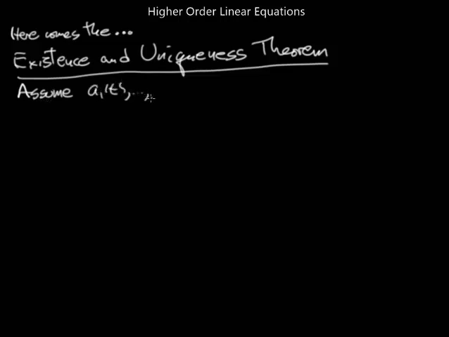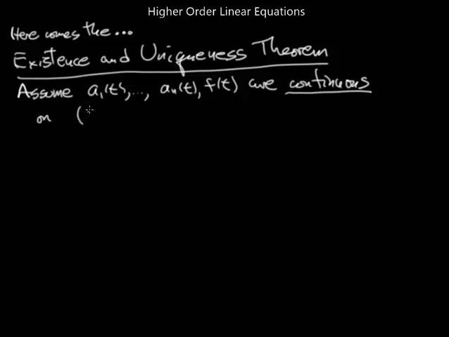So let's say we're given functions a1 of t through an of t and f of t, and let's say they're continuous on some interval from TL to TR. That's the basic setup. Then we can consider the differential equation with these coefficients.